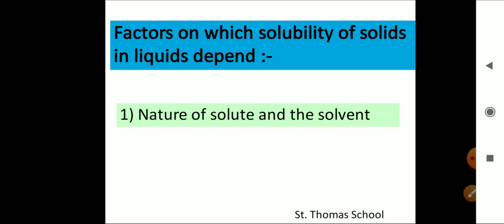So it depends upon the nature of solute and solvent. It is not necessary that a solute always dissolves easily in a solvent; it depends on their nature. Simple example: sugar and salt. Salt will easily dissolve, but sugar will not easily dissolve in water because it is a carbohydrate, so its solubility is less as compared to common salts.